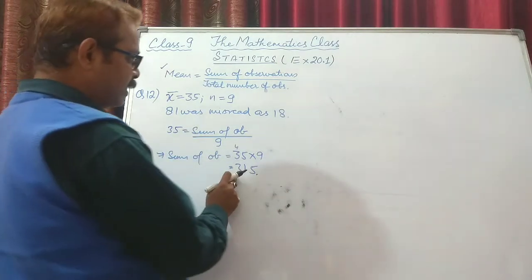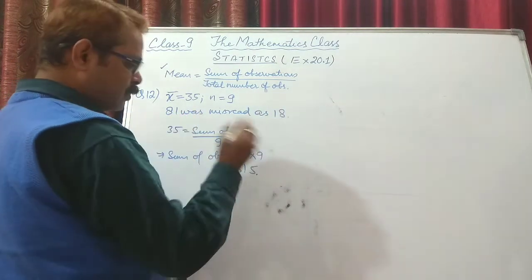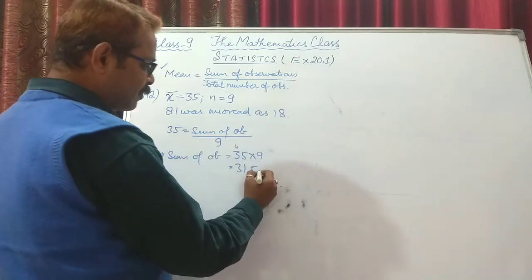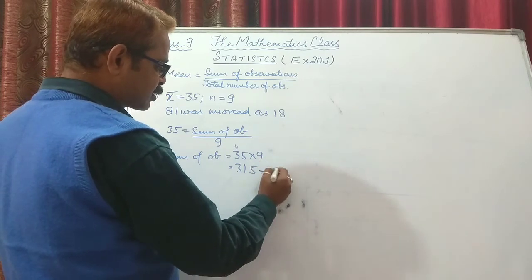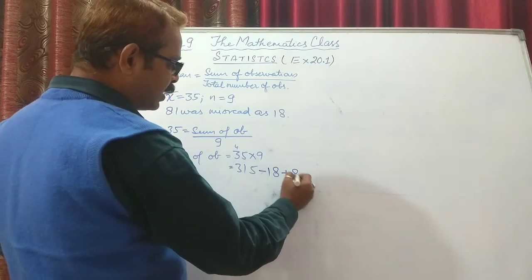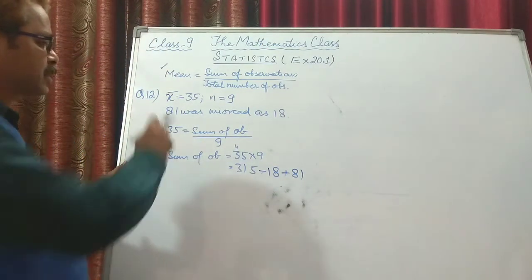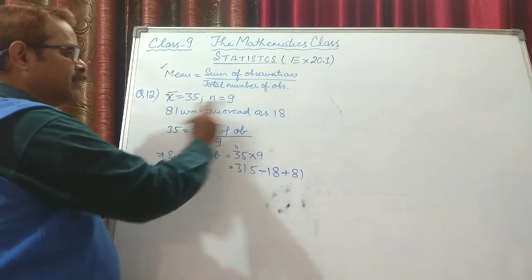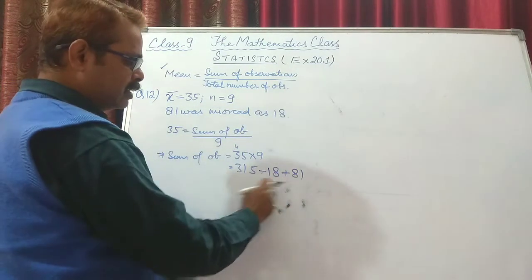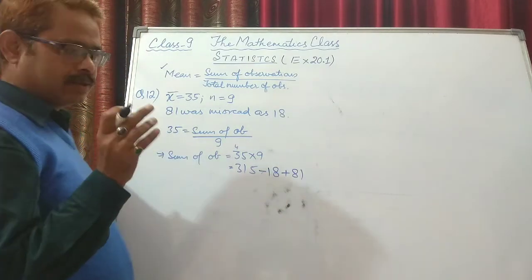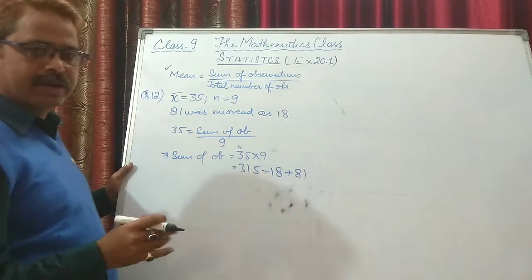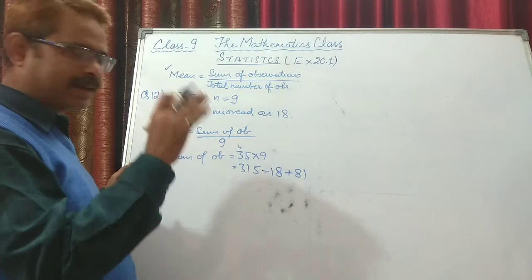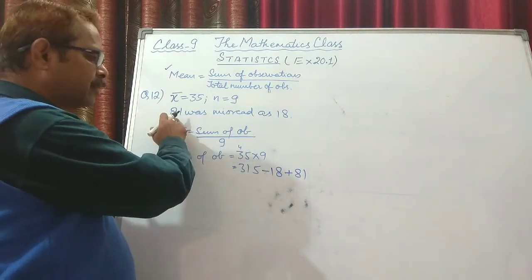Now in this 315, there was one observation 81 which was read as 18. So we will subtract 18 from this and add 81 to this. Why? Because instead of 81 it was read as 18. Either we can add the difference 81 minus 18, or the easiest way is that whatever wrong observation was taken, we simply subtract that observation and add the right observation.